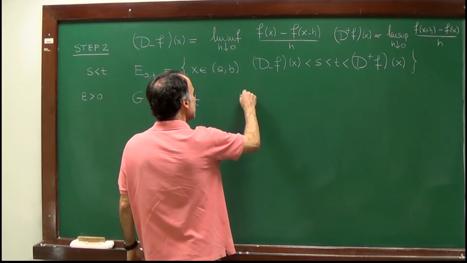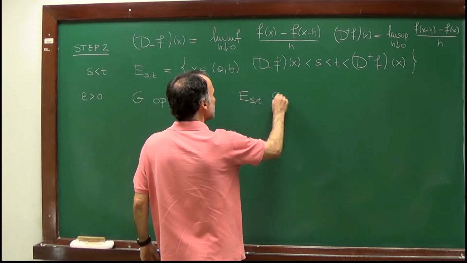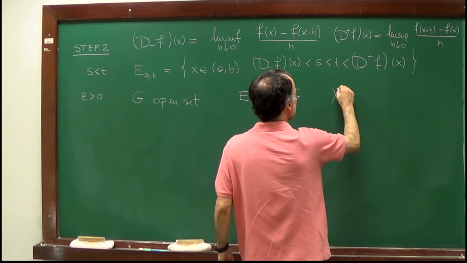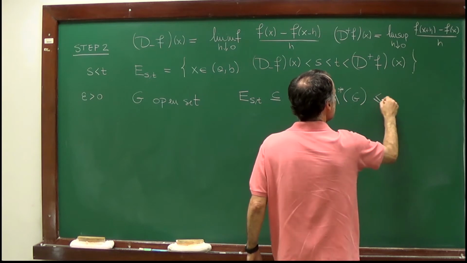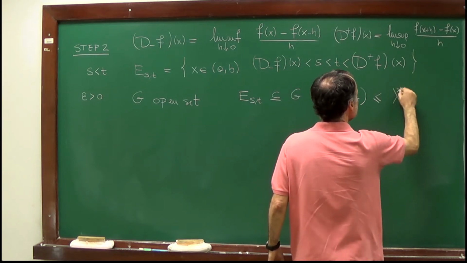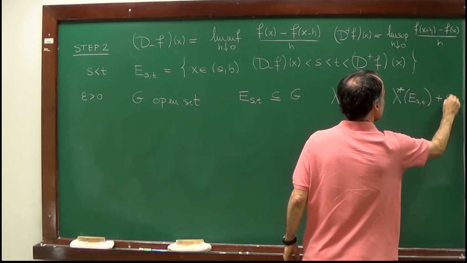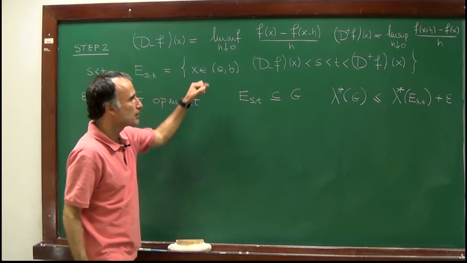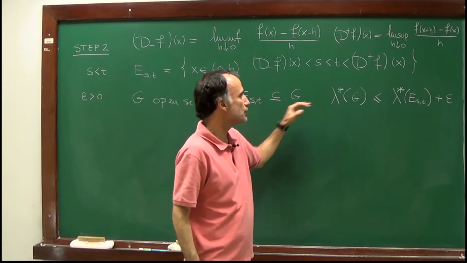So I can find this open set such that E_s is contained in G, and the measure of G, which is an open set, is smaller than the outer measure of E_s plus epsilon. Okay. So since this set is bounded, I can always find an open set G with these two properties.